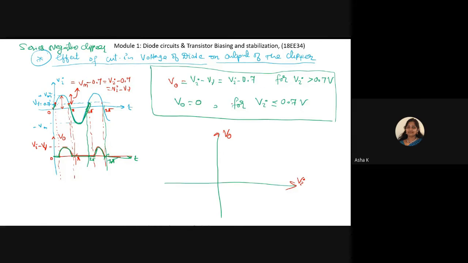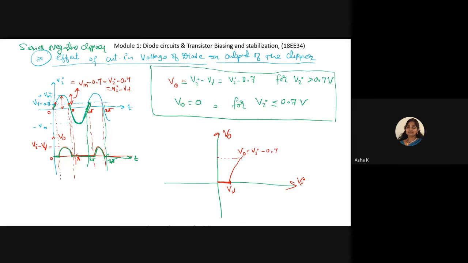It starts from the knee voltage, V input equal to knee voltage. Till the knee voltage, the output is 0 volts. After the knee voltage, I'm going to get the output, which is equal to V input minus 0.7.